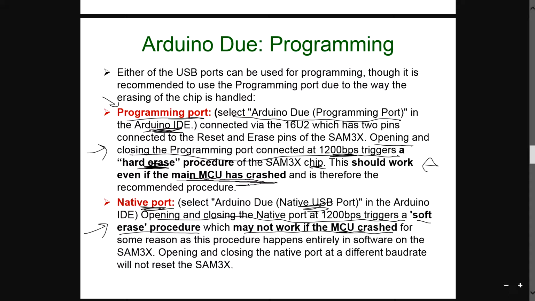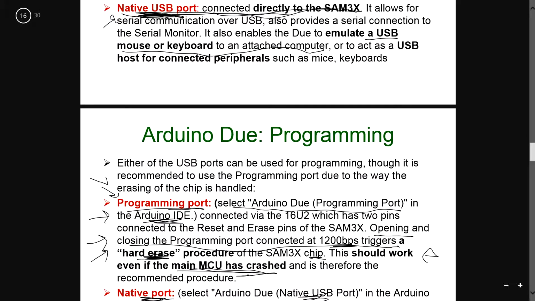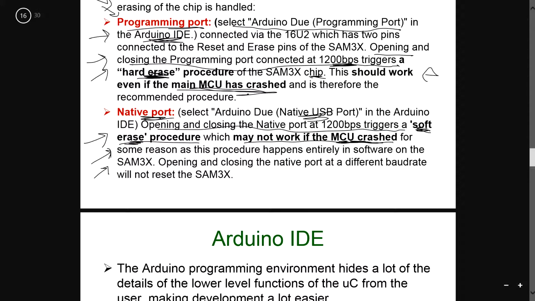If you want to reboot, you can use the programming port. However, with the native port, if your MCU crashes, it's only a soft erase procedure, so you can't fully erase everything. Therefore the native port is not as good as the programming port to this extent. Also, to stress again, do not confuse the programming USB port with the programming port, and also the native USB port, which is this one, with your native port.